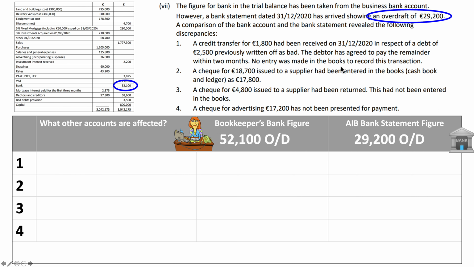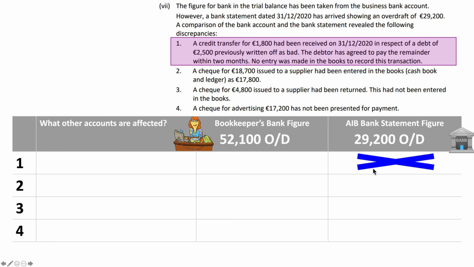No entry was made in the books to record this transaction. Right, so a credit transfer was paid directly into the bank, so into AIB. So AIB should know about that. So it shouldn't impact AIB's figure, but it will impact the bookkeeper because they didn't know about that yet.